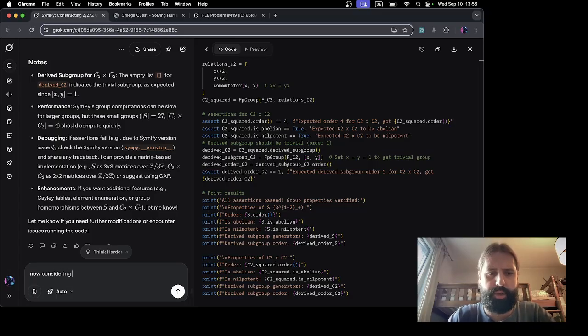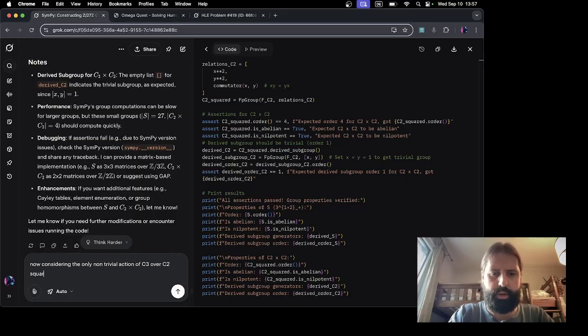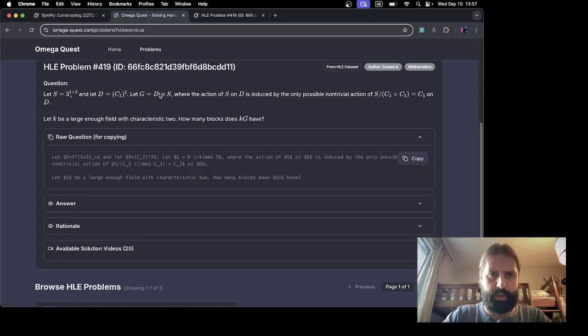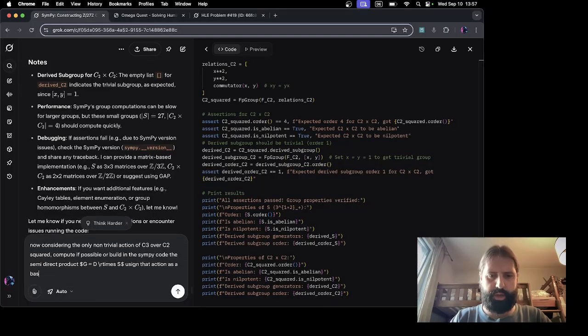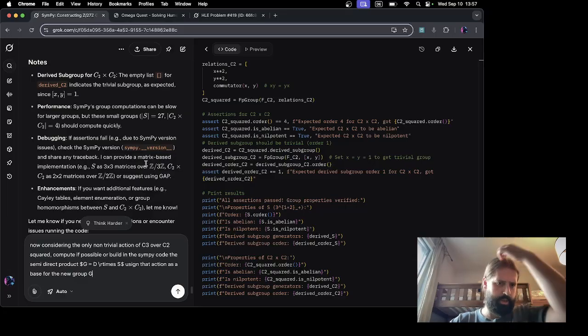Now, considering the only non-trivial action of C3 over C2 squared, compute, if possible, or build in the SymPy code the semidirect product, basically, using that action as a base for the new group G. I don't think it needs to think too hard about this.